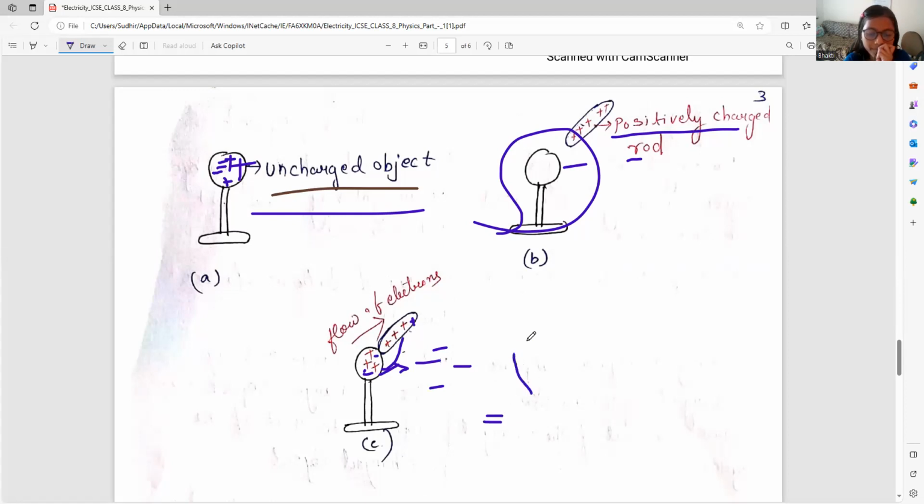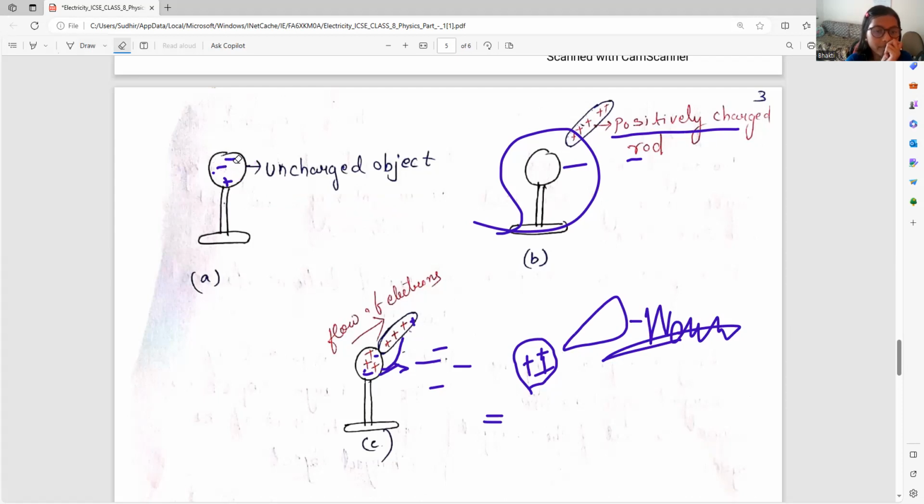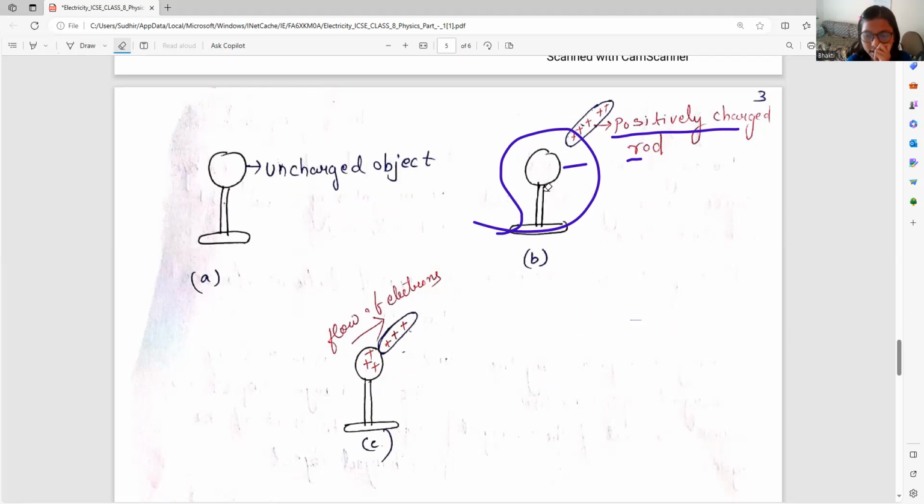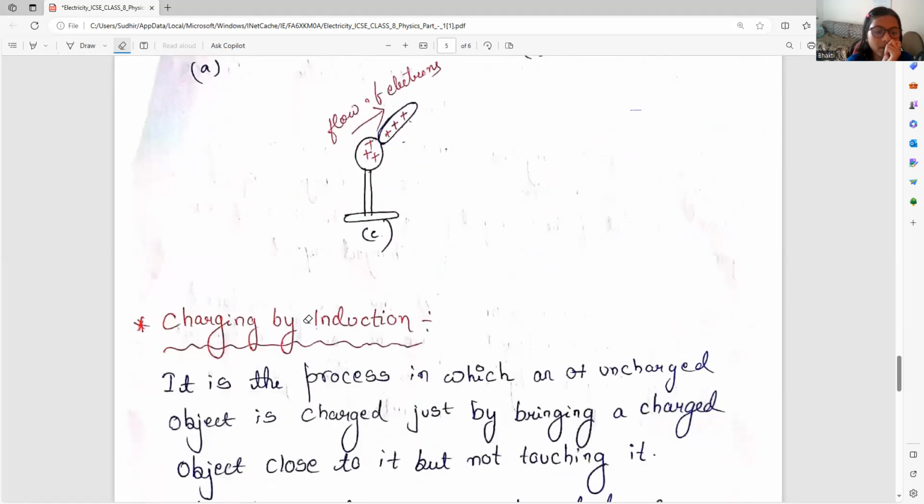The ball will then have a positive charge, but the rod will be neutral. So this is one example of conduction. This process is actually easy.